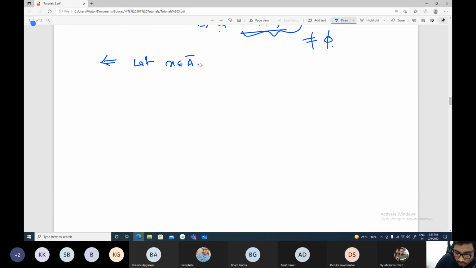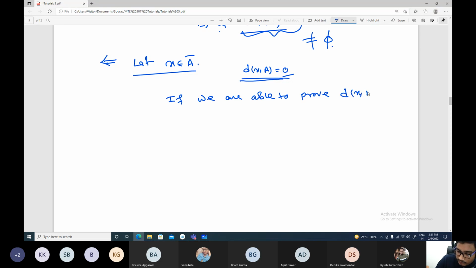Okay. So now suppose x belongs to A closure, you have to prove that d of x comma A equals 0. To prove this is equal to 0, what do you have to prove? If we are able to prove that d of x comma A is less than epsilon for any positive epsilon, then we are done.